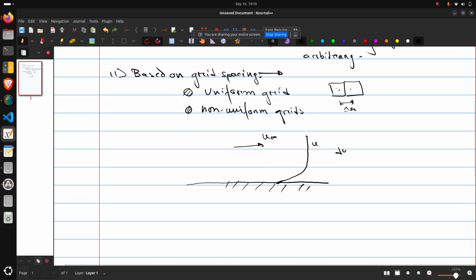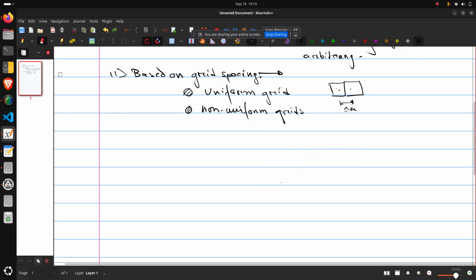By that I mean the du dy will be very high, and to capture these gradients you will need very small cell size near the wall. But at the top the gradients are not that high, so you can afford to have larger grid spacing.